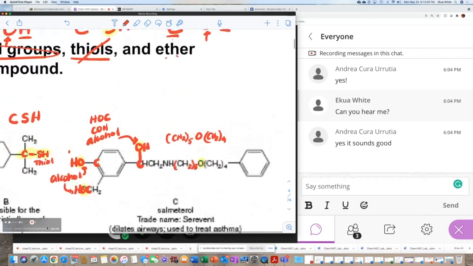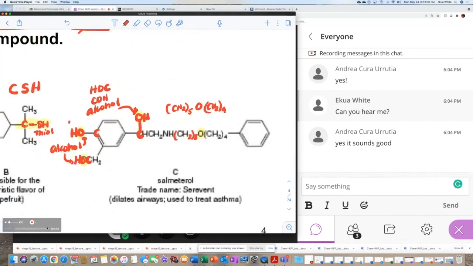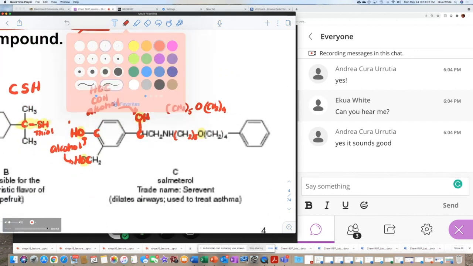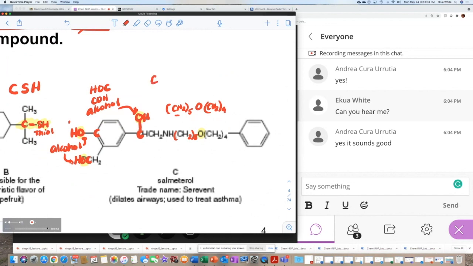Bottom line is, if we were to draw this out, which would be hard, but I think I can manage. Let me see. There is 5: 1, 2, 3, 4, 5. And then eventually attached to an O. And then 1, 2, 3, 4. That's what this is communicating. Bottom line, the oxygen is stuck between two carbons, making this an ether.